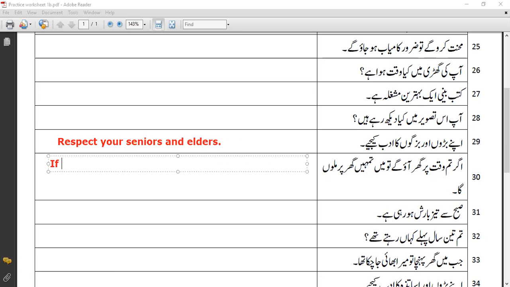Okay. अगर तुम वक्त पर घर आओगे, if you come home on time. अच्छा, मैं तुम्हें घर पर मिलूंगा. I shall meet you. I shall meet you at home.